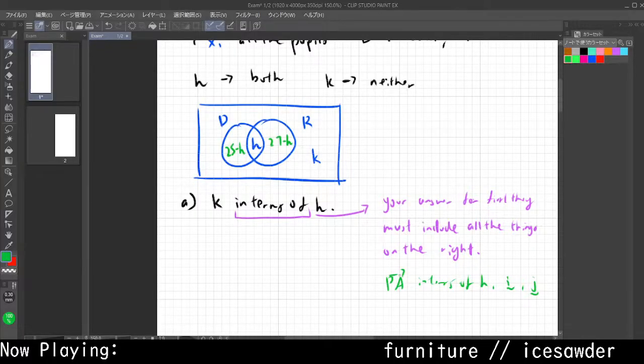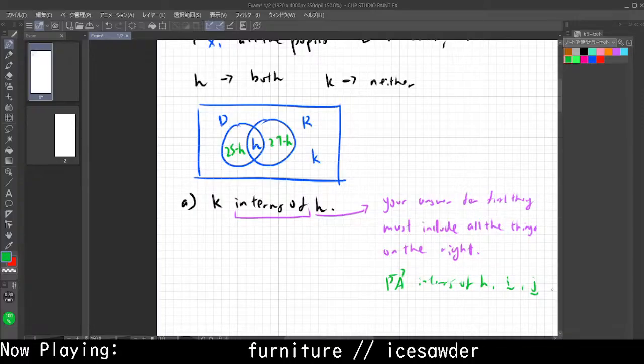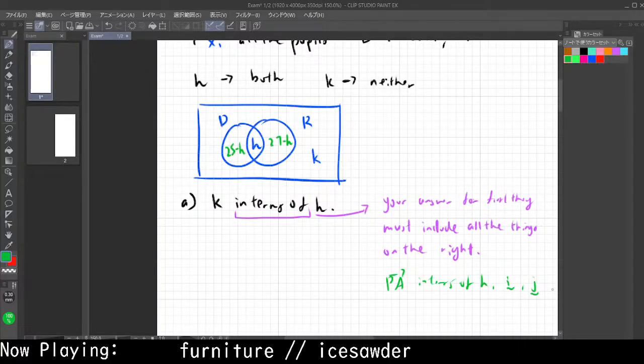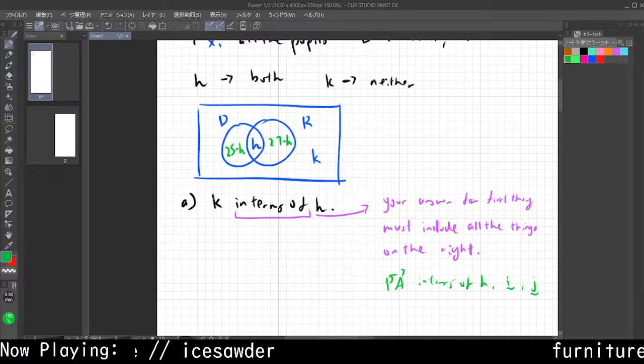So in this case, the answer for your vector PA should include all these three things: h, unit vector i, and unit vector j. So this is a certain example.